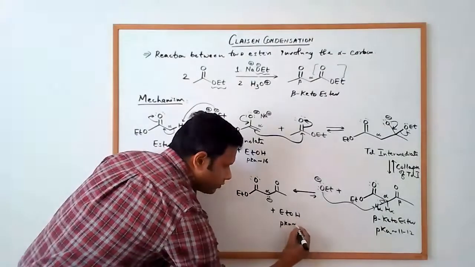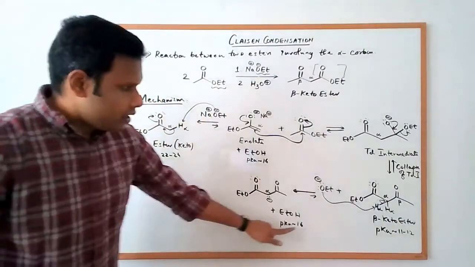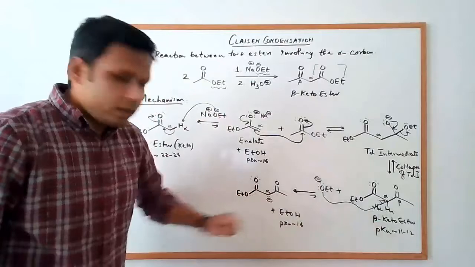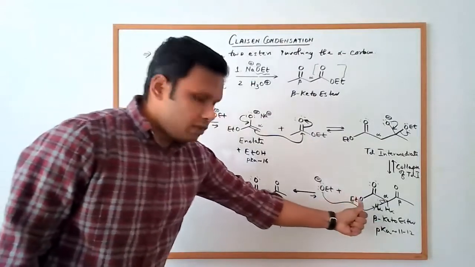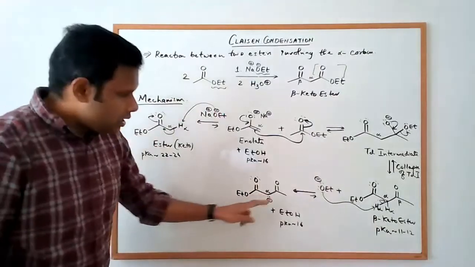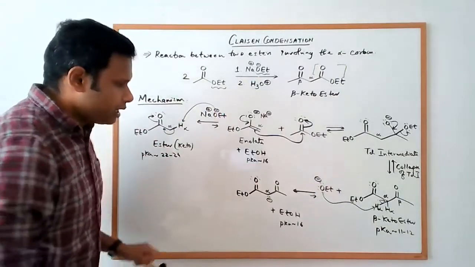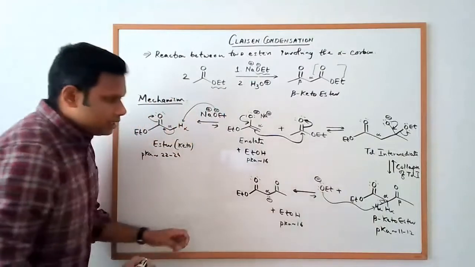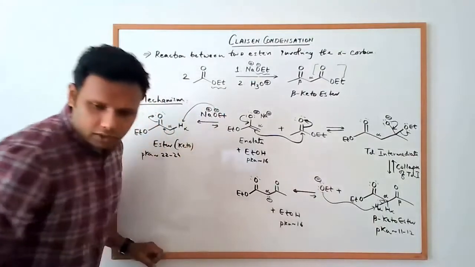Again, pKa for ethanol is around 16. So you can see that the stronger acid is on the reactant side, the weaker acid is on the product side. That means this reaction is favored. So you get the enolate of the beta-keto ester. Okay, so that's where we end. So we've got the enolate now. So this is another enolate.